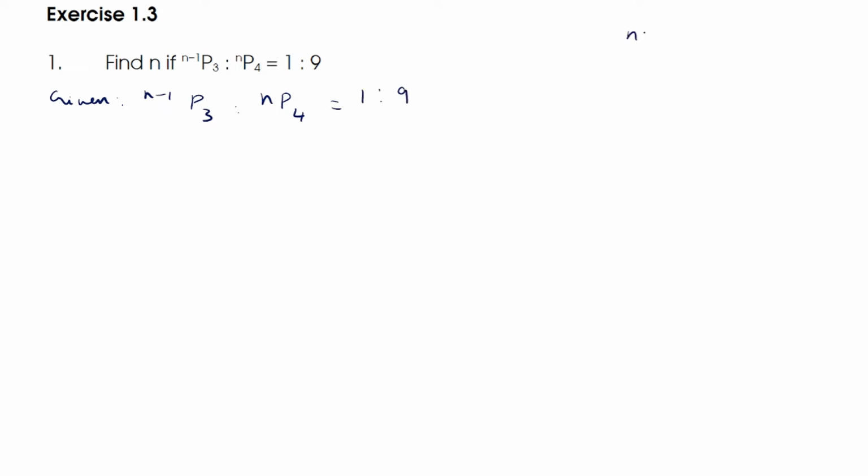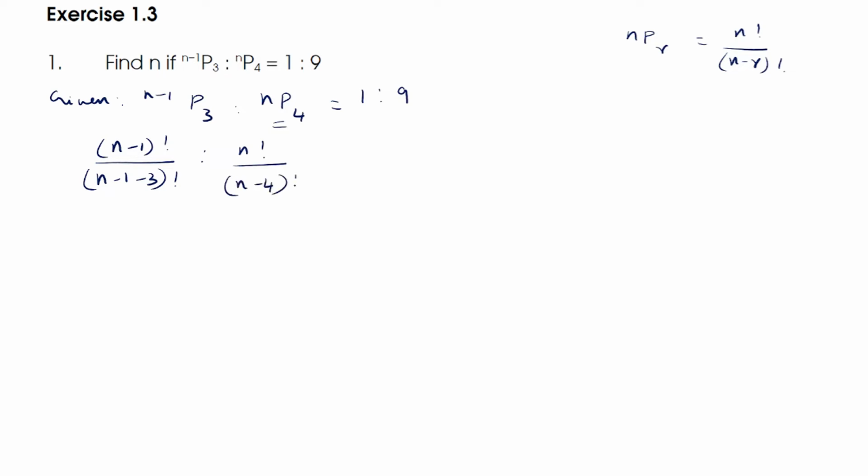We just now saw the formula for nPr. nPr is given by n factorial upon n minus r factorial. So here (n minus 1)P3 will be n minus 1 factorial upon n minus 1 minus 3 factorial, is to nP4, which is n factorial upon n minus 4 factorial.